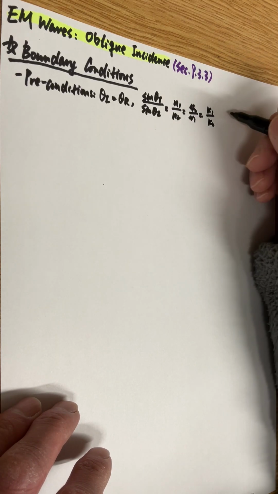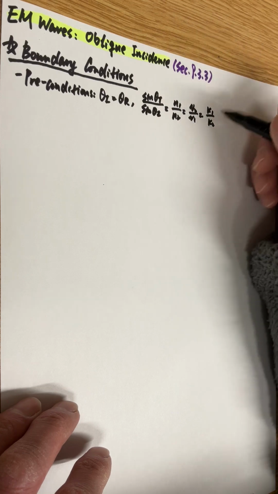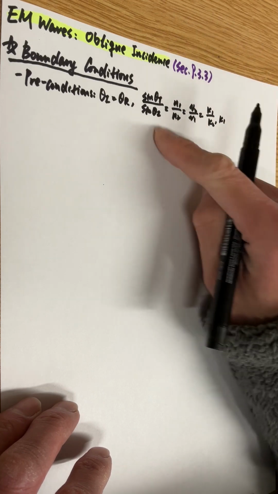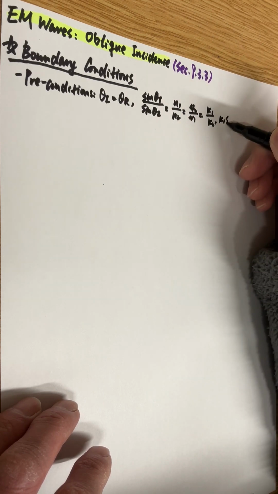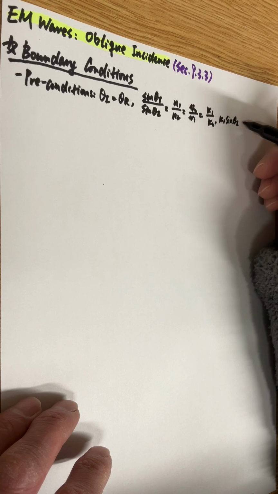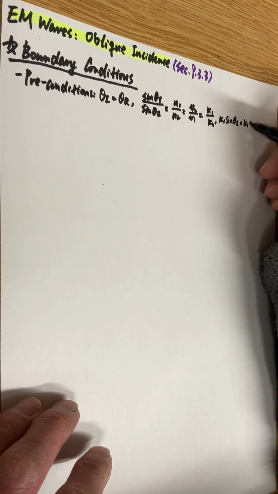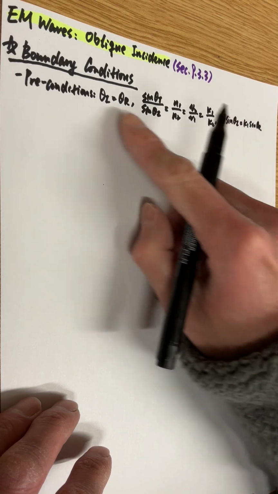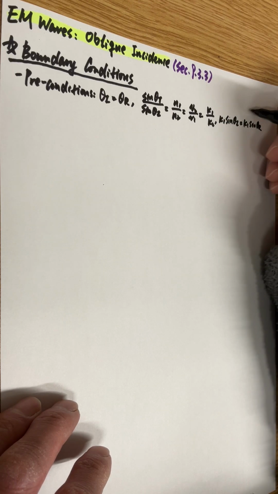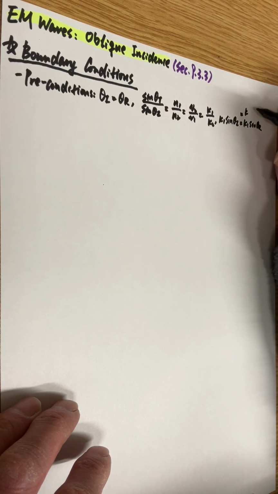So we would have kappa 1 sin theta I equals kappa 1 sin theta r, because theta I equals theta r, and this would equal kappa 2 sin theta t.